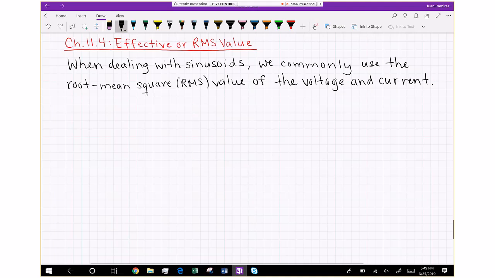There isn't really an RMS value for power. We just refer to that as average power, as we'll see shortly. So this is a common way of expressing these values.